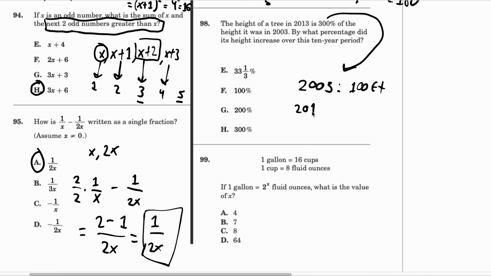Then in 2013, if it's 300% of the height it was in 2003, that would just mean 3 times 100 feet, and that's 300 feet. Right, so this basically means it tripled. And we want to know by what percentage did its height increase over this 10-year period.